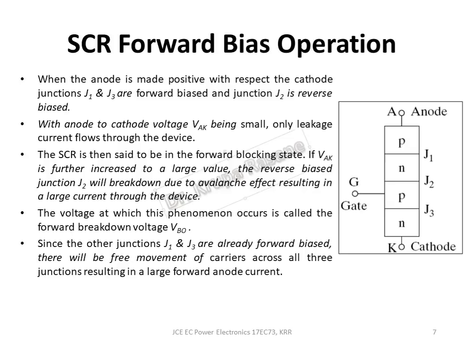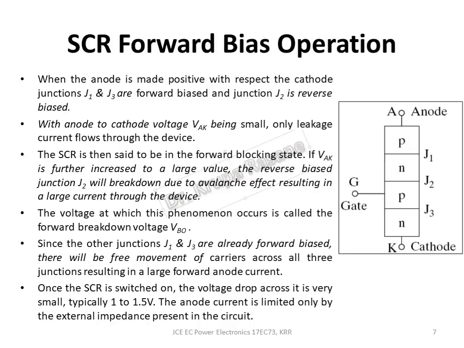Since the other two junctions J1 and J3 are already forward biased, there will be a free movement of carriers across all three junctions, resulting in a large forward current flowing from the battery, anode to cathode.